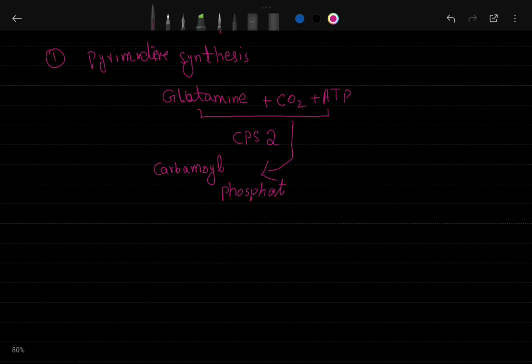Okay, glutamine plus carbon dioxide plus ATP are combined with the help of enzyme CPS-II, carbamyl phosphate synthetase, to form carbamyl phosphate.